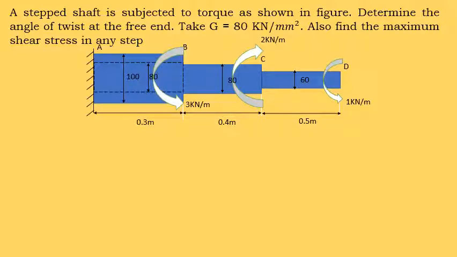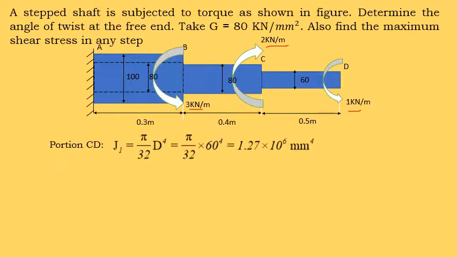At the free end of portion CD, an anticlockwise torque is applied whose value is 1 kilonewton meter, and in portion CB a torque in the opposite direction is induced whose value is 2 kilonewton meter, and in portion AB, that is the hollow shaft, an opposite direction torque of 3 kilonewton meter is induced.